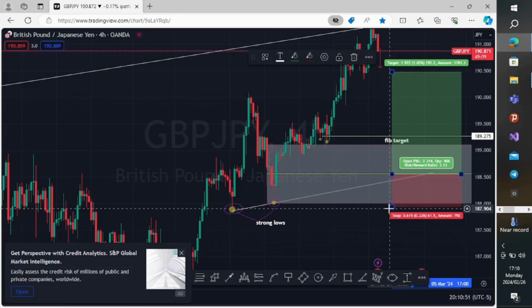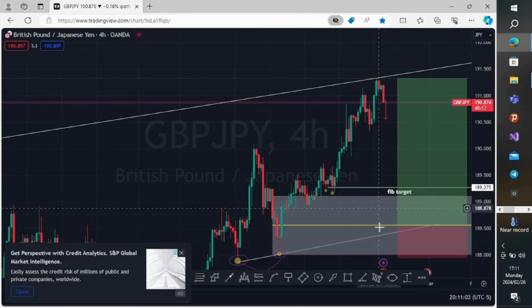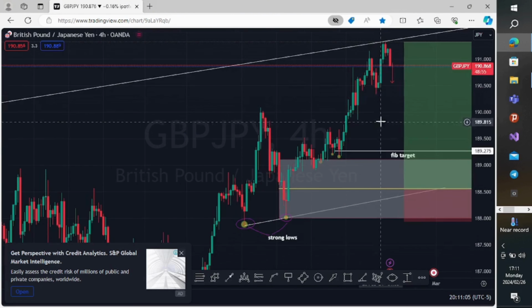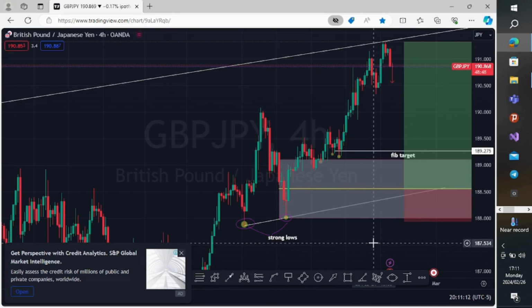So you can see that, and your stop loss will definitely have to be below this zone, and the target at this point will still be at around this area. But obviously from this point of time, what we also need to focus on is as price approaches our target, we're gonna see how price reacts.